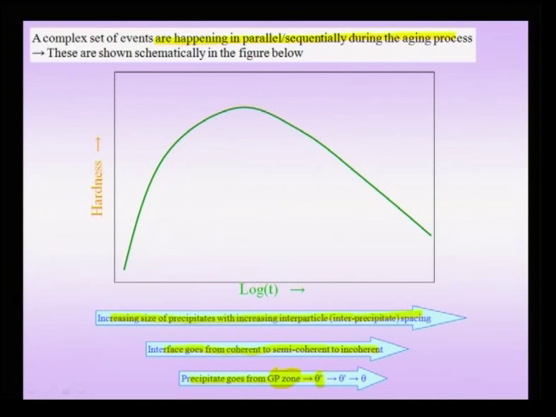Then later on you get a metastable phase, which is known as the theta double prime precipitate. Then you get another metastable phase, known as the theta prime precipitate, and if you age long enough, then you will get the theta phase precipitate.